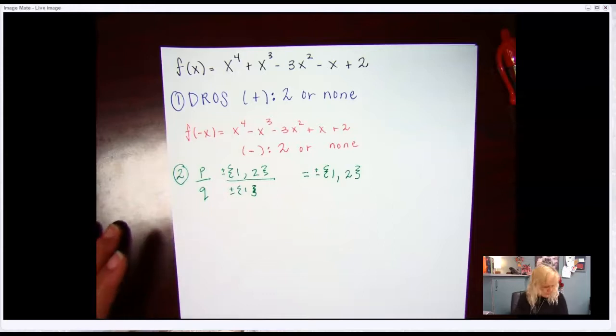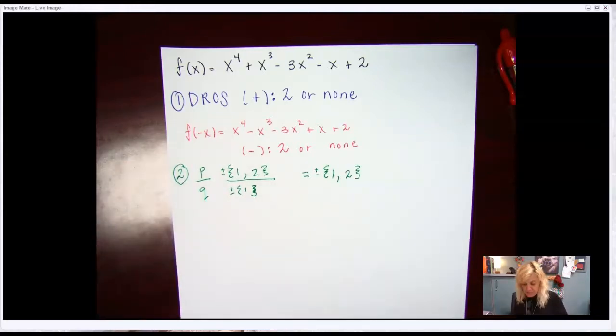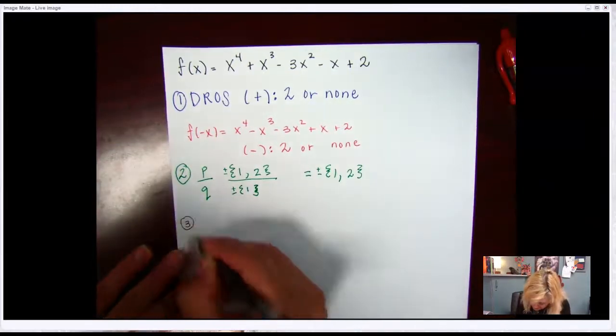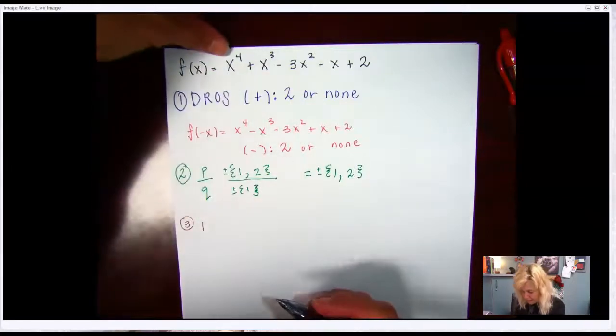So the first thing I'm going to do is start doing synthetic division. We are moving on to the next step, which is going to be synthetic division, and I'm just going to try a positive 1. All of my degrees are represented, so I'm not going to have any zeros.